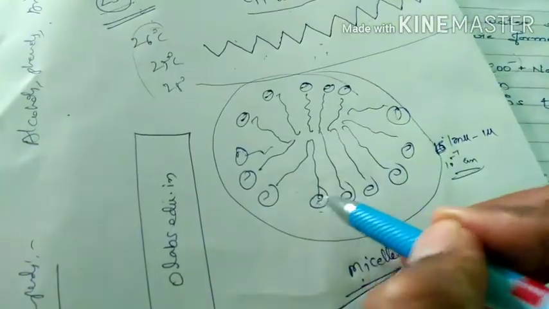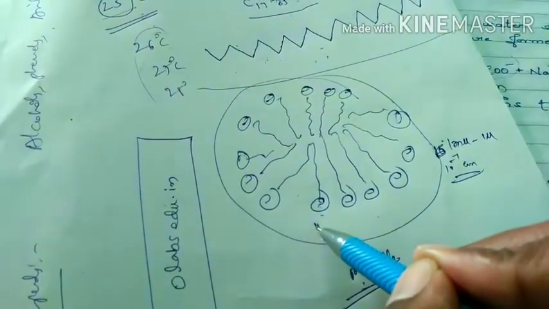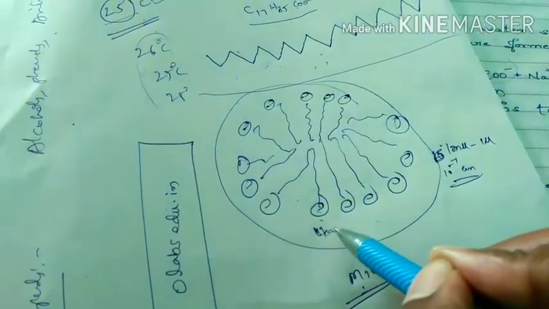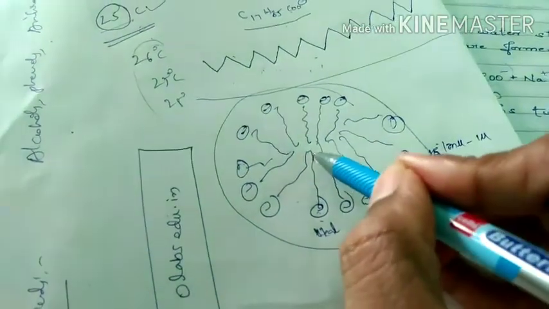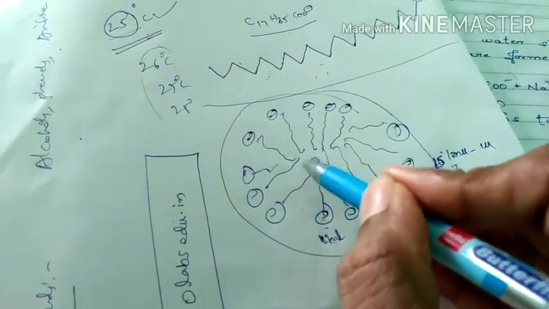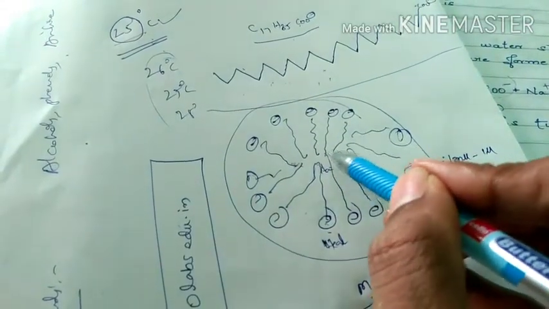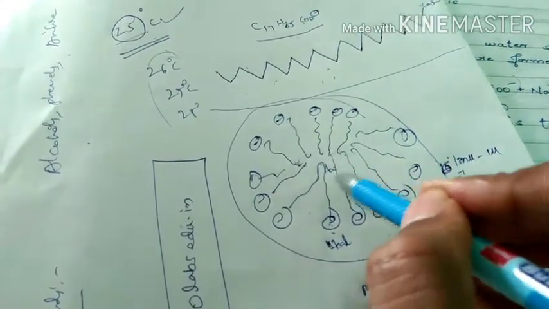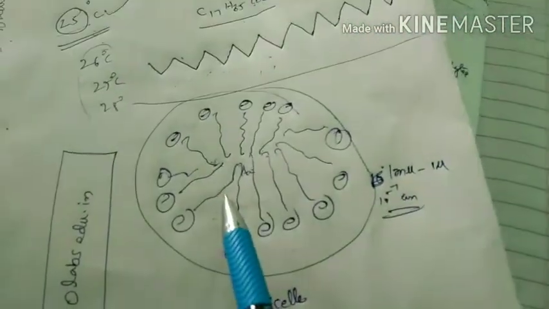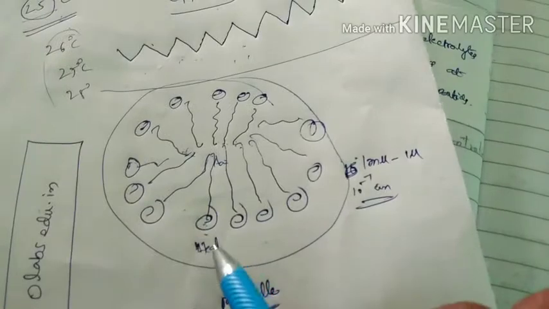Now this negative charge part is called the head part. This is the tail part. This is the hydrophobic part. These carbon parts are the hydrophobic part. This is called the head part.